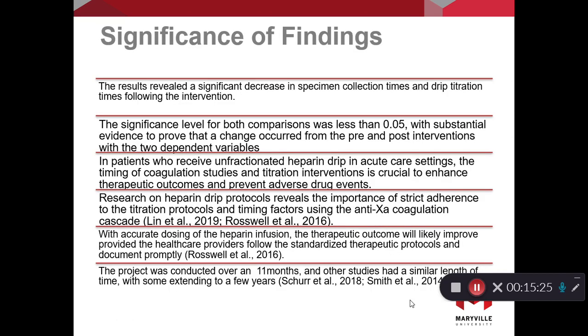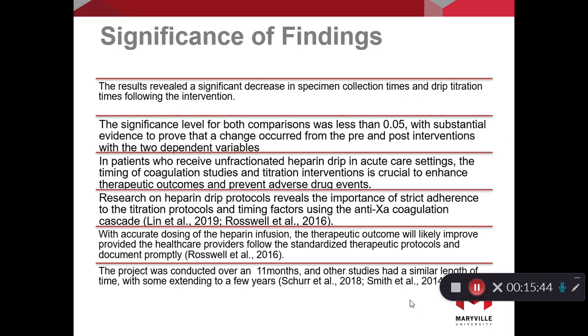What do these findings mean? The results revealed a significant decrease in the specimen collection times and drip titration times following the intervention. With accurate dosing of heparin drip, therapeutic outcomes will likely improve, provided healthcare providers followed standardized therapeutic protocols.